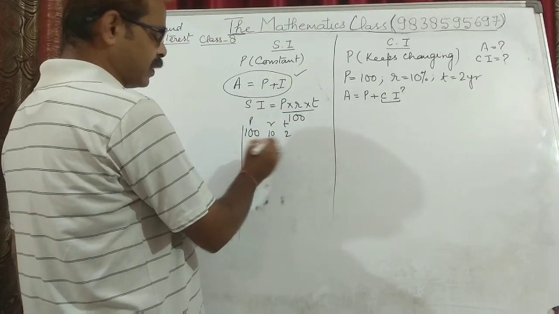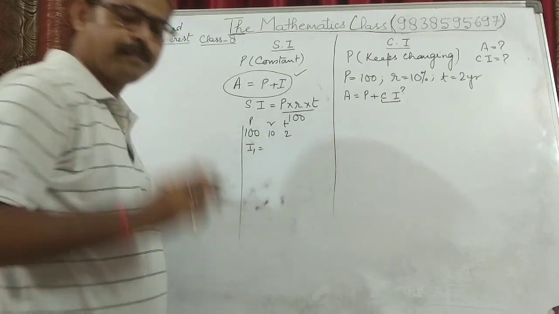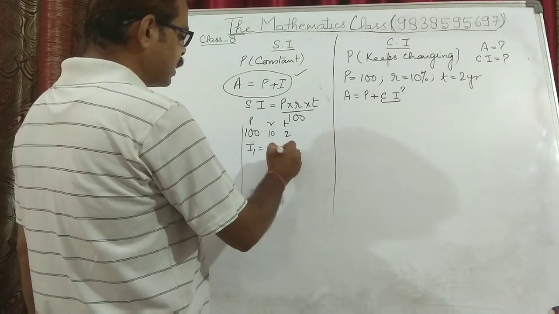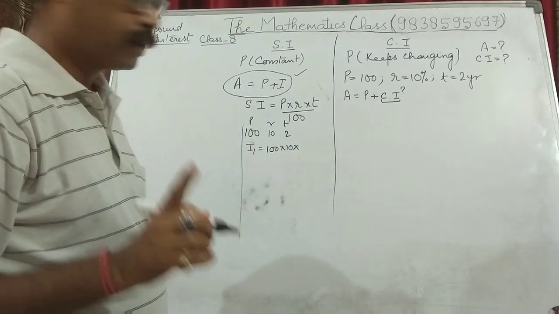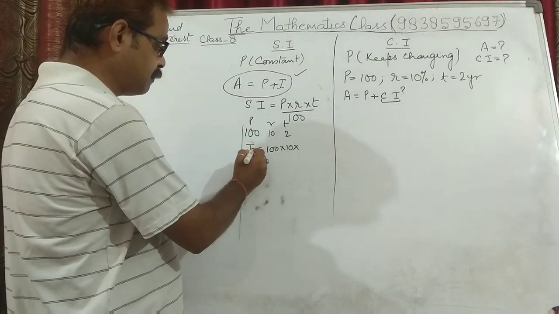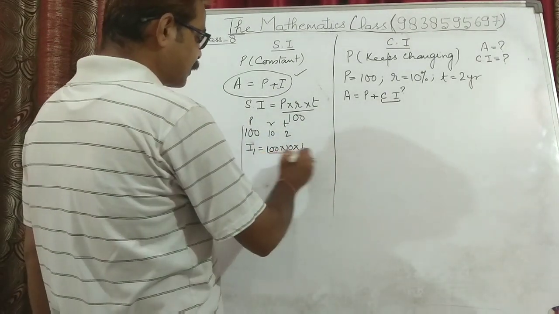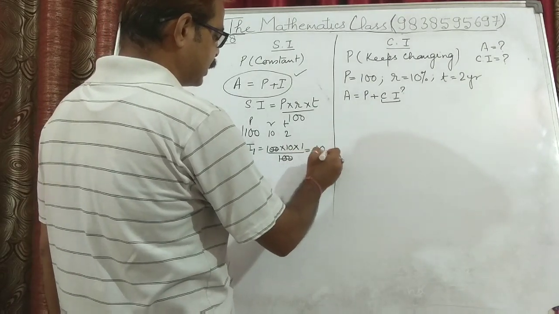When we calculate the interest after 1 year, I write I1, which stands for interest for the first year. That will be PRT upon 100, where T will be 1 because it is the first year. So the zeros cancel, and we get 10 rupees as interest.